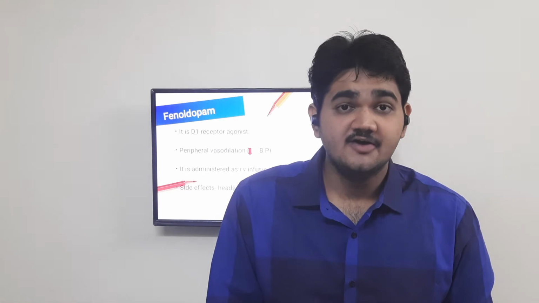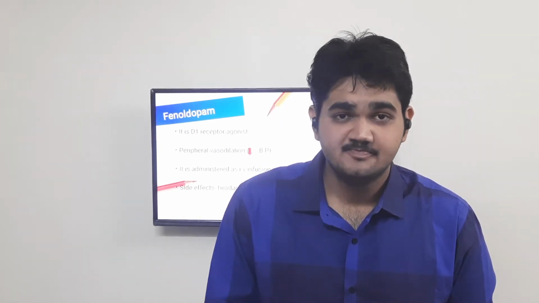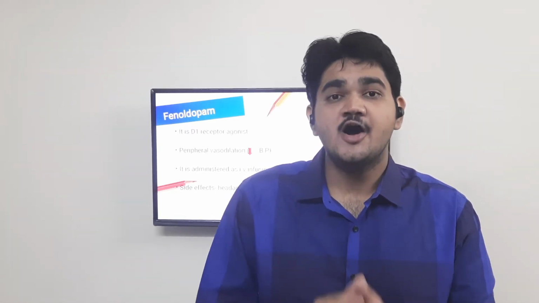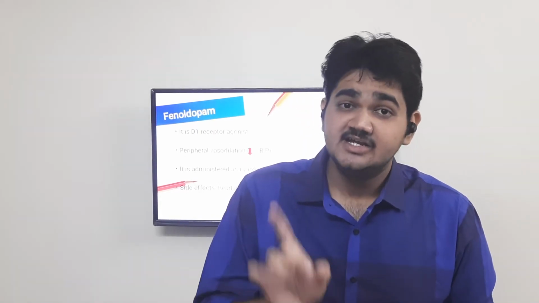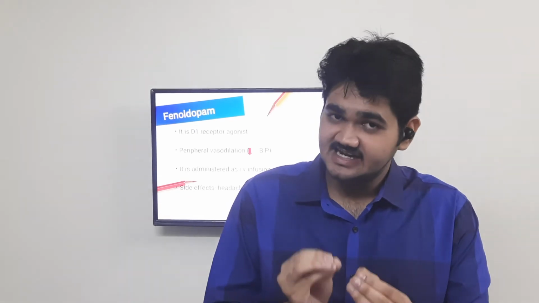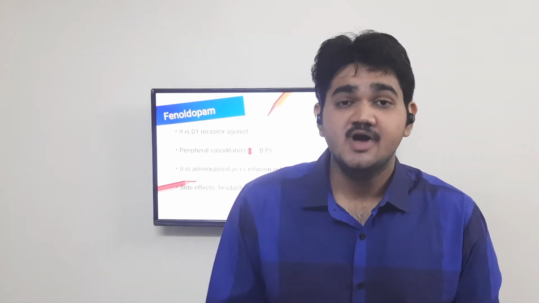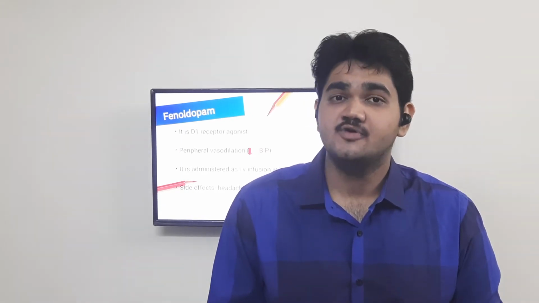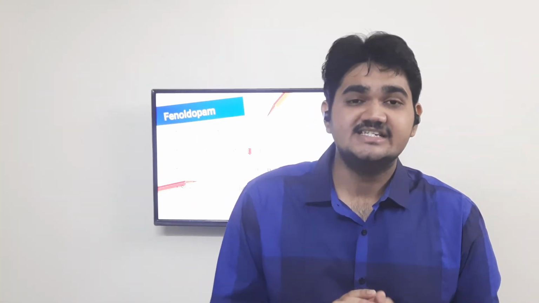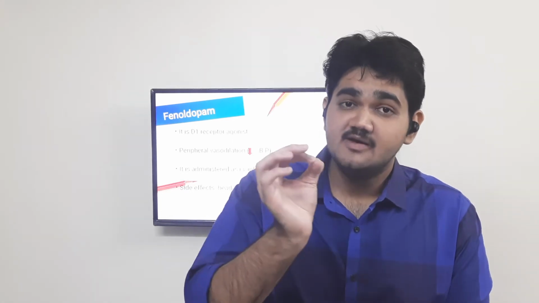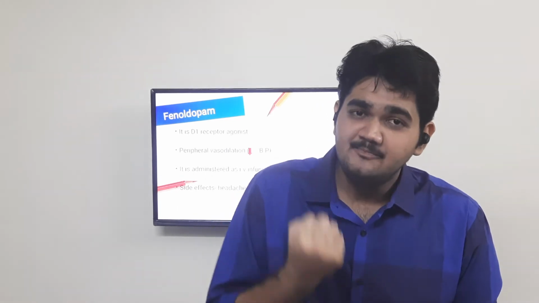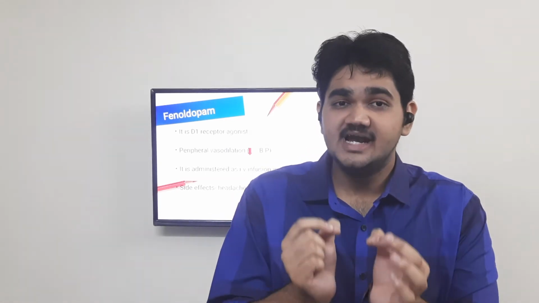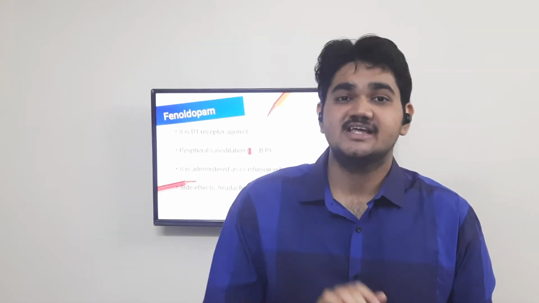So whenever our systolic blood pressure is greater than or equal to 180 mm of mercury, and diastolic blood pressure is greater than or equal to 110 mm of mercury, this is considered as hypertensive emergency. And in this particular case, we need to rapidly bring down our blood pressure. In that particular case, we can use Fenoldopam.